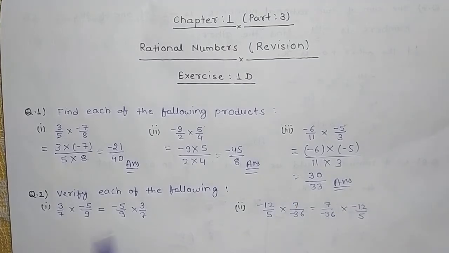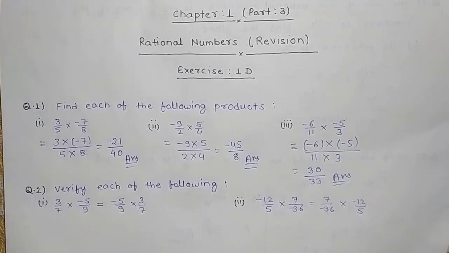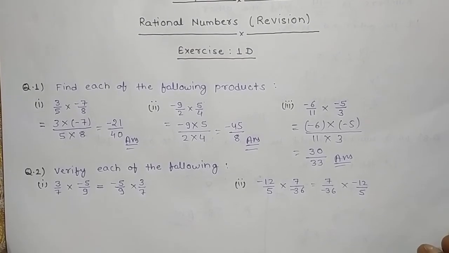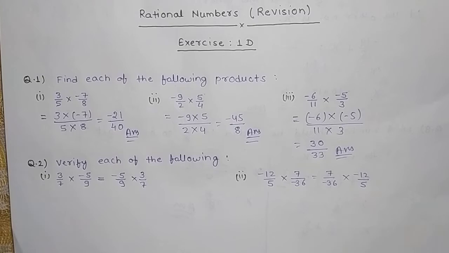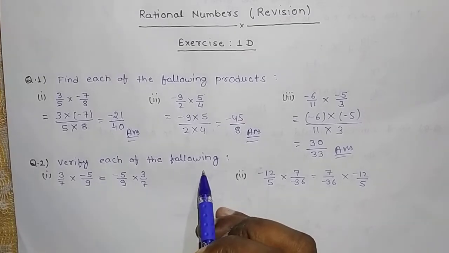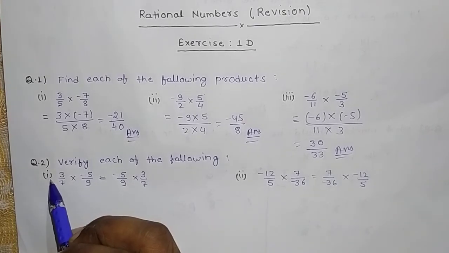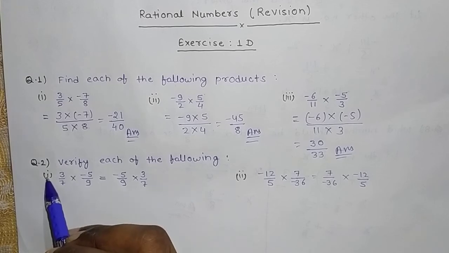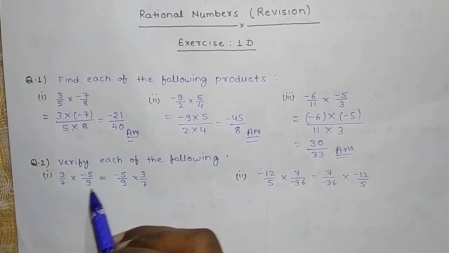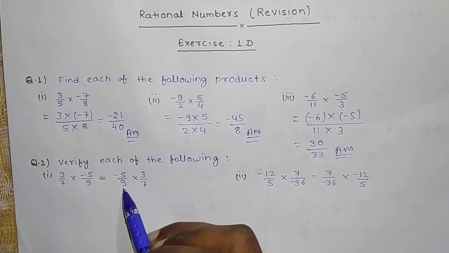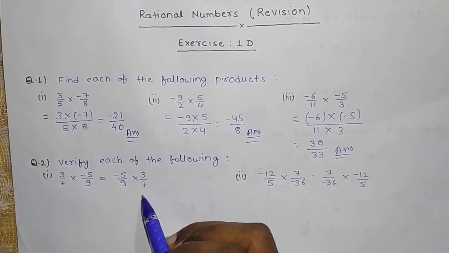Now question number 2. Verify each of the following. Here questions are given. First question, 3 by 7 multiplied by minus 5 by 9 equals to minus 5 by 9 into 3 by 7.